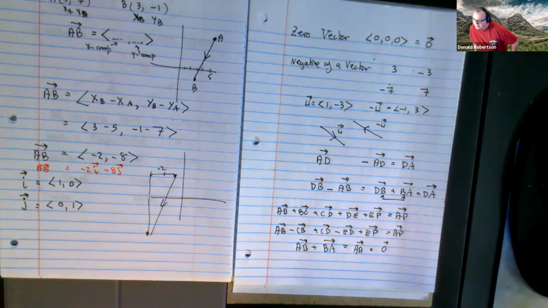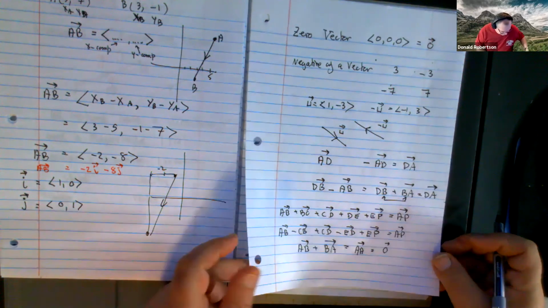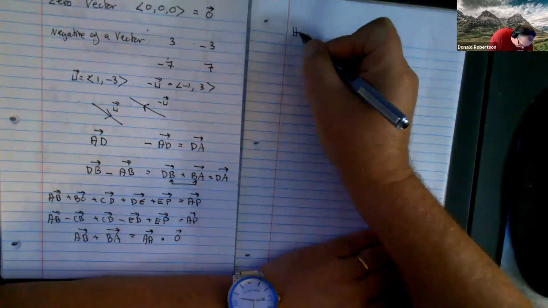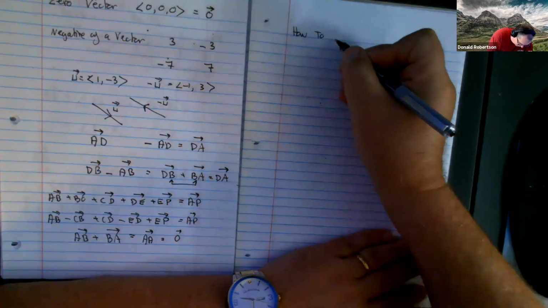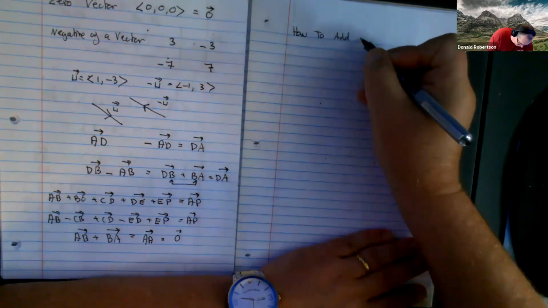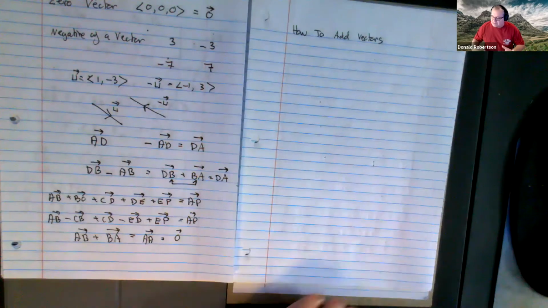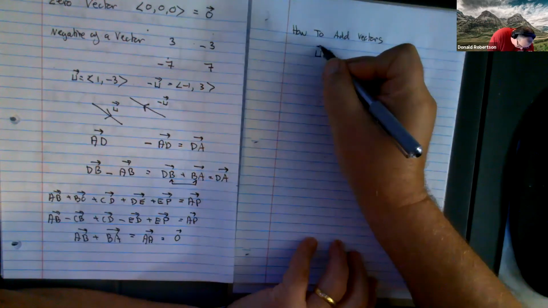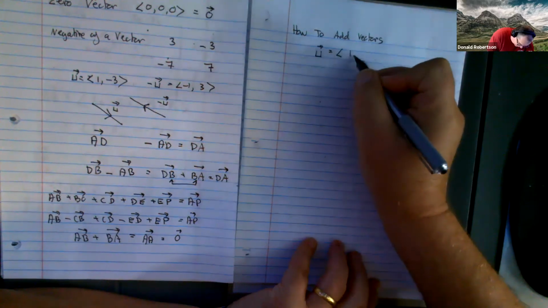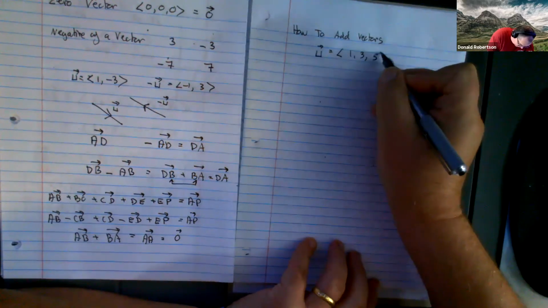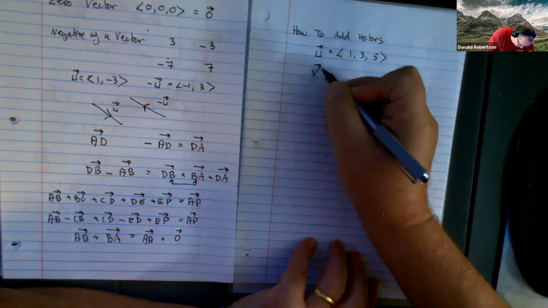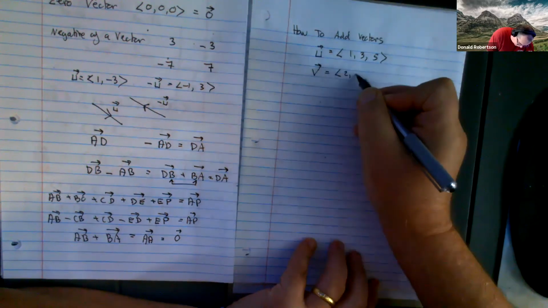Right. So let's look at now how to add vectors that actually have components. So not AB and BC, but vectors like this. Suppose I have a vector U, and it's 1, 3, 5, and I have another vector, I'll call it V, and it's 2, -1, 6.